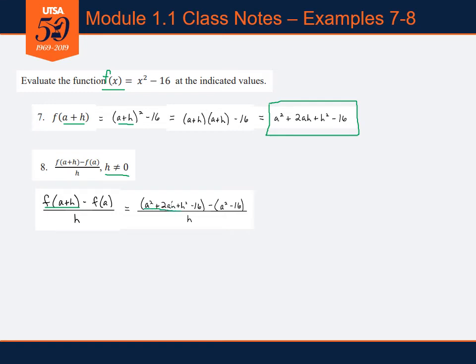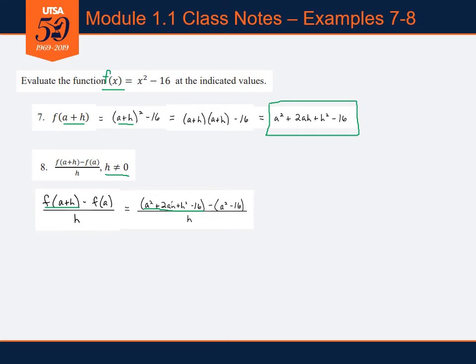So I have exactly that, a squared plus 2ah plus h squared minus 16, in my work for question number 8. So we don't have to rework that. Let's use the answer that we already got in question number 7 and let that help us work out question number 8.